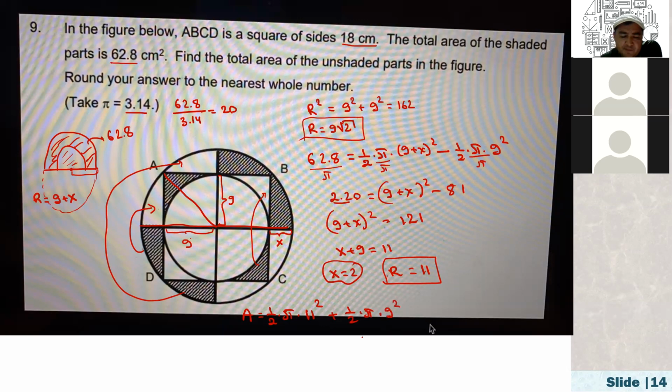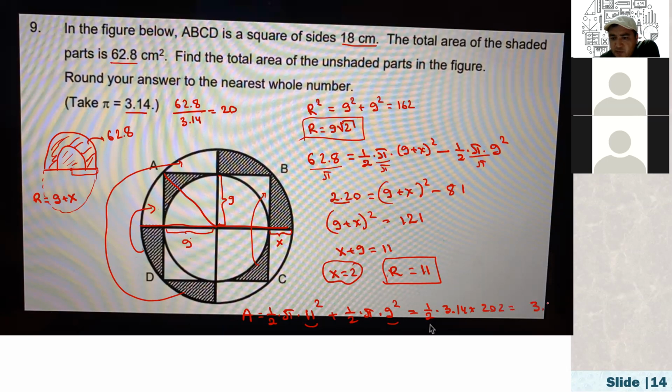Okay, so that gives us the total area of the unshaded parts. 1 over 2 times pi is a common factor, 3.14, times 11 squared plus 9 squared, 121 plus 81, that's equal to 202.